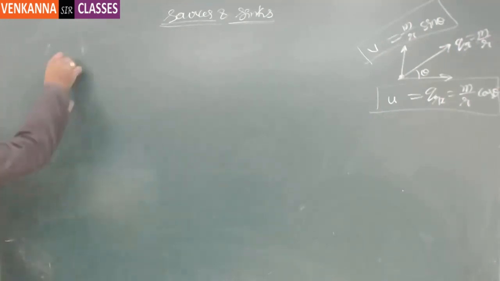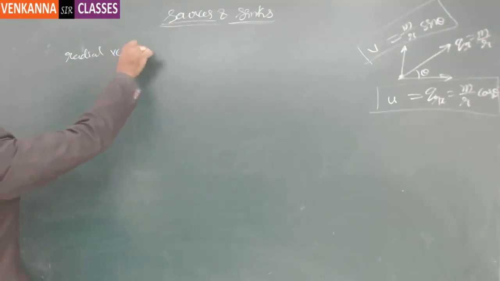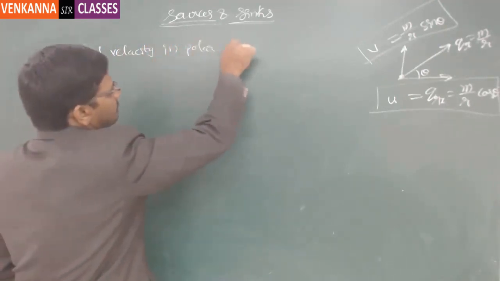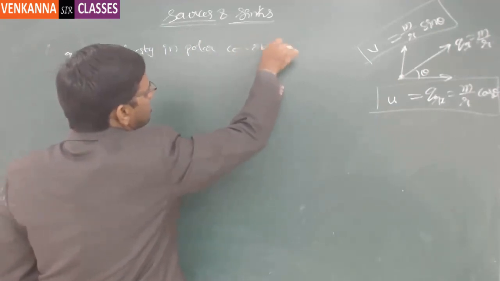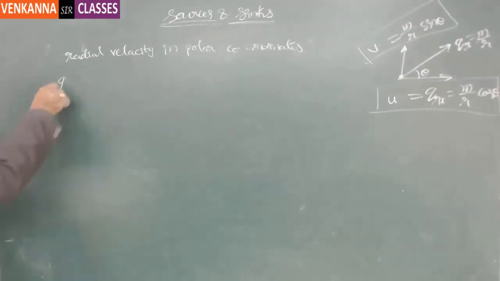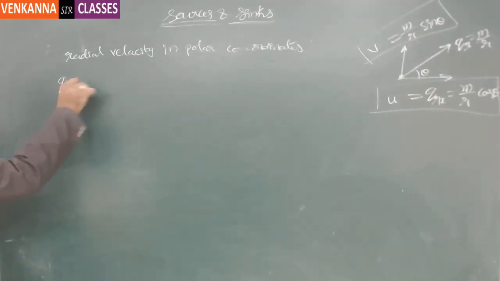Now this qr is nothing but m by r. So the radial velocity in polar coordinates, q is equal to minus dou phi by dou r, which is the radial velocity in the radial direction.